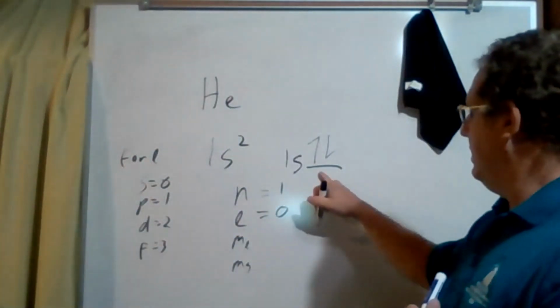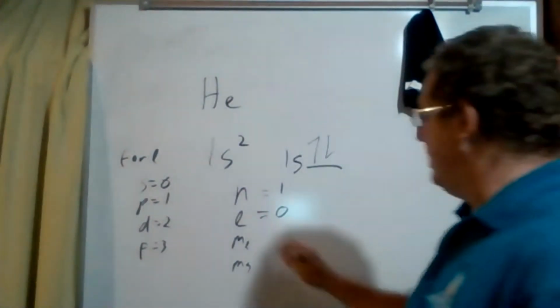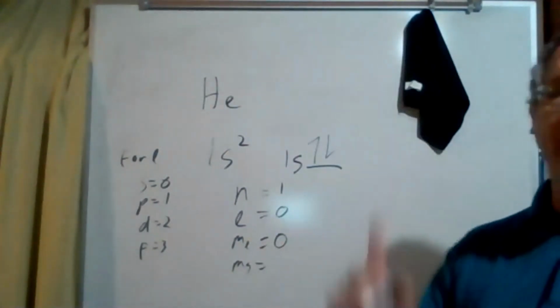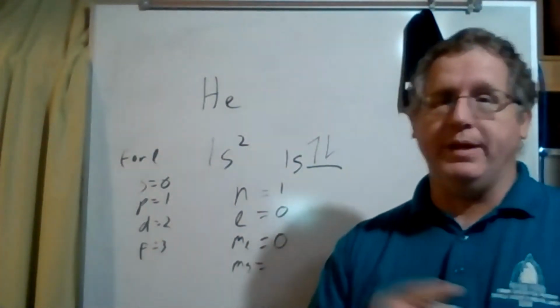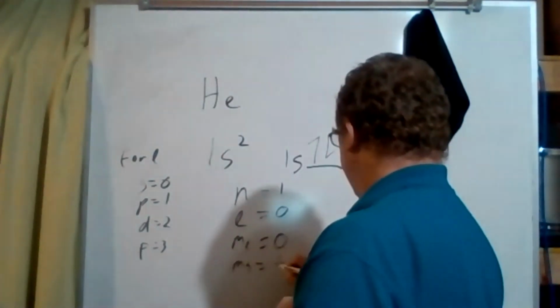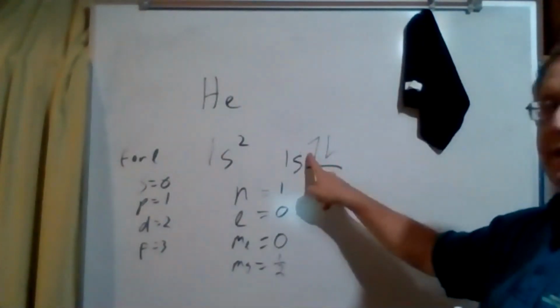Now ml. Since the values of ml are from negative l to l, my only possible value here is 0. And for ms, I either have a positive 1/2 for an up spin or a negative 1/2 for a down spin. In this case, it is a positive 1/2.